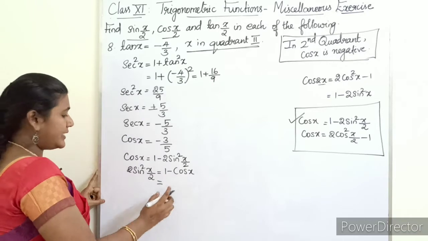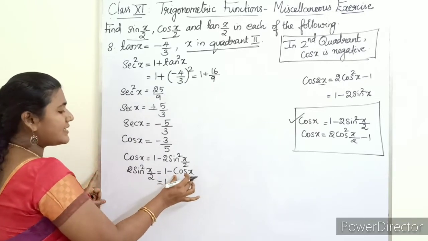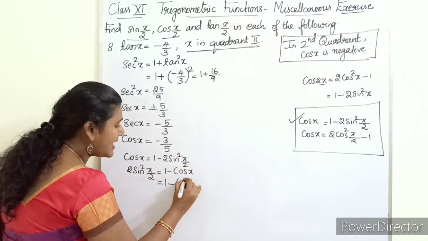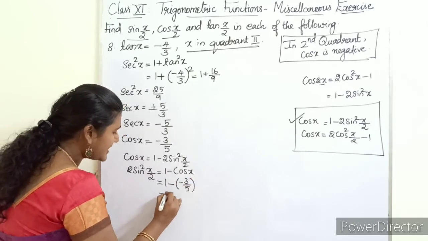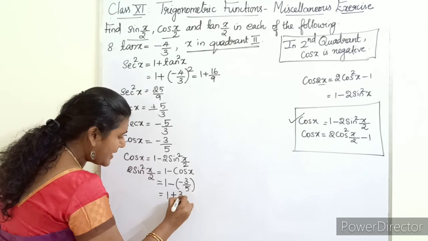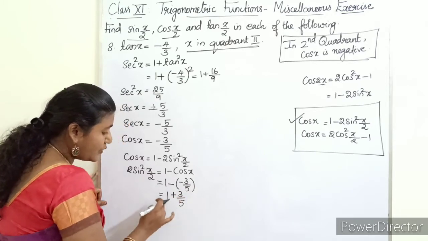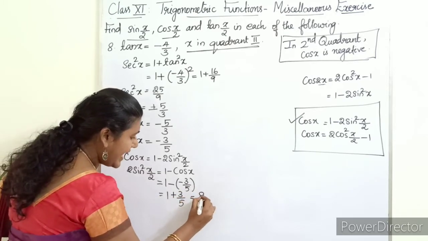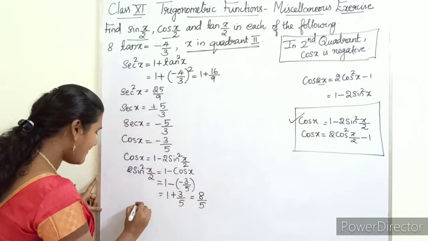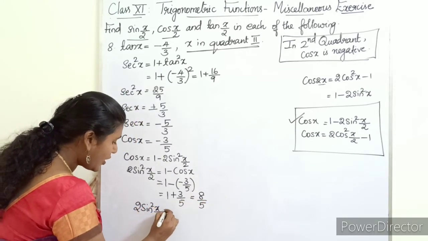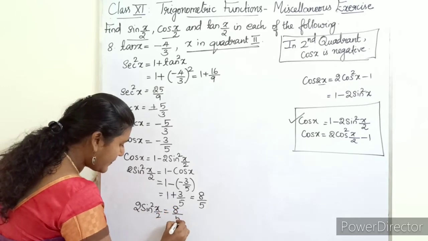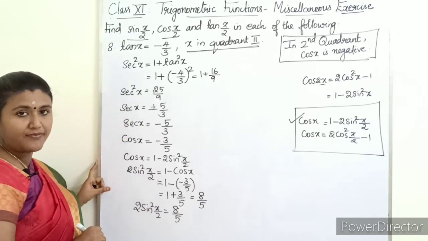Now we will substitute the value of cos x: 1 minus (minus 3 by 5). These two minuses become plus, so 1 plus 3 by 5. When you take LCM, you will get 8 by 5. So this is the value of 2 sin square x by 2. So 2 sin square x by 2 is equal to 8 by 5.